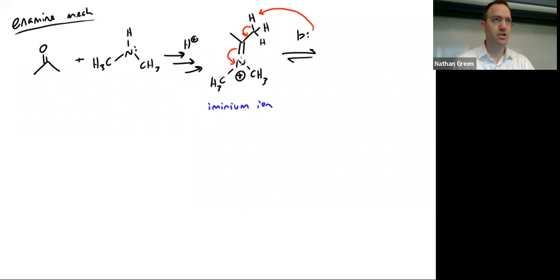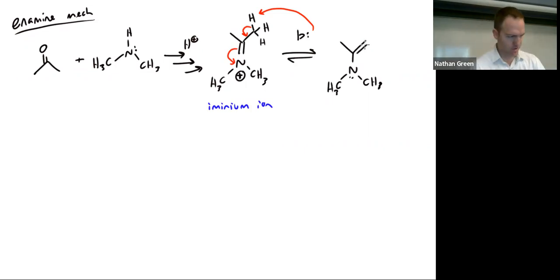That's how we're going to get our nitrogen to be neutral. That's where that lone pair came from, and that's where that double bond comes from. So we turned our iminium ion into our alkene amine.